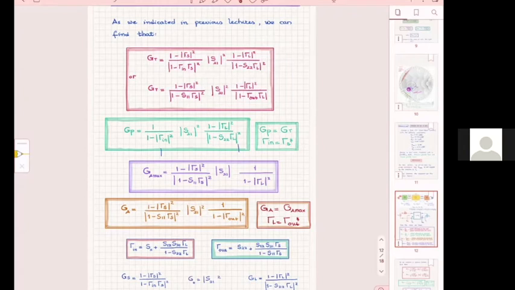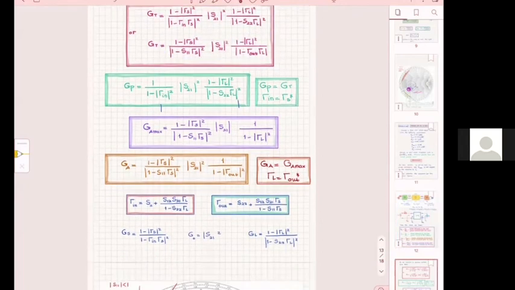You will use the first one if you know gamma S and gamma in, and the second one if you know gamma out, gamma S and gamma L. So if you know gamma in or gamma out, then you use the first or the second.